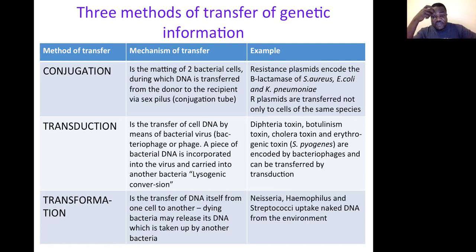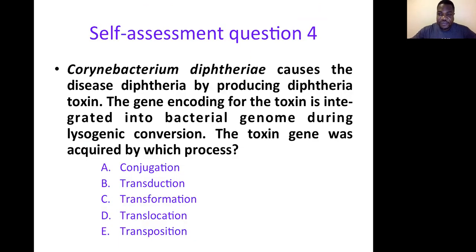This is often found in microorganisms like Neisseria, Haemophilus, and even Streptococcus. They take up naked DNA from the environment and start behaving completely differently from the way they used to.